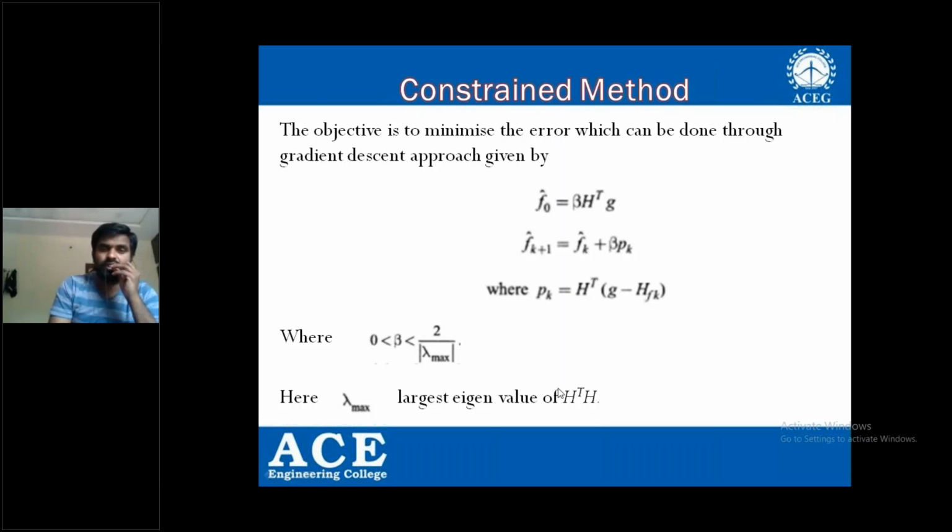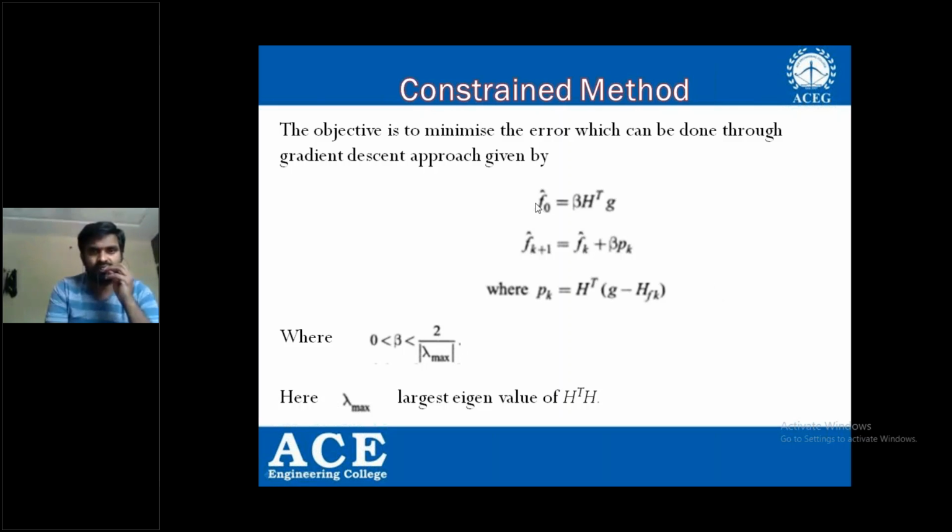We derived it by minimizing the error. The function j of f cap is taken, we take the differentiation of j of f cap, and then make it equal to 0 to find the f cap value with minimum error, right?